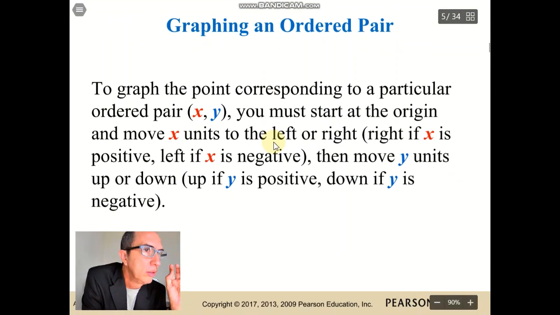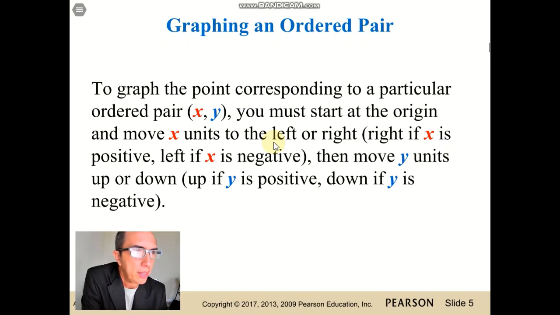Now, to graph the point corresponding to a particular ordered pair, you must start at the origin, 0, 0, x equals 0, y equals 0, and you move x units to the right or to the left, depending on the sign.